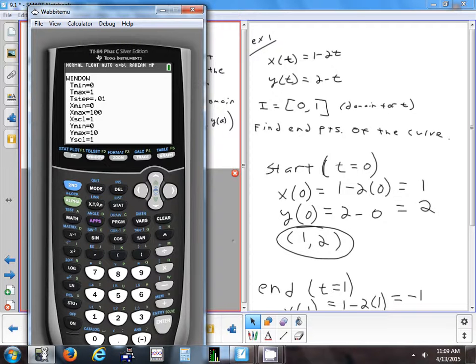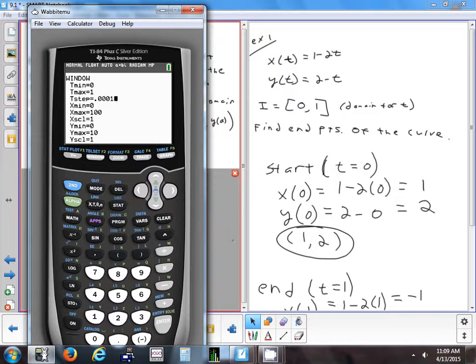The smaller you make this number, the more points it's going to graph. If it graphs over 100 points, it's going to let t equal 0.01, plug it in, see what you get, then 0.02, 0.03, 0.04. It's going to keep adding 0.01 till it gets all the way up to 1. What do you think would happen if you make your t step too small? It'll take forever to graph.